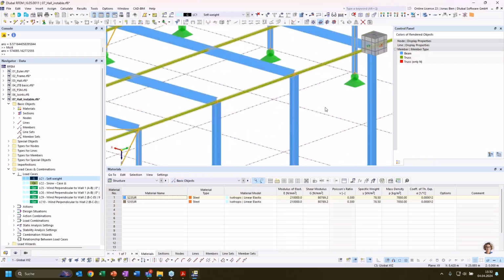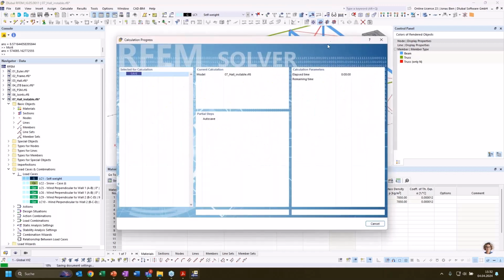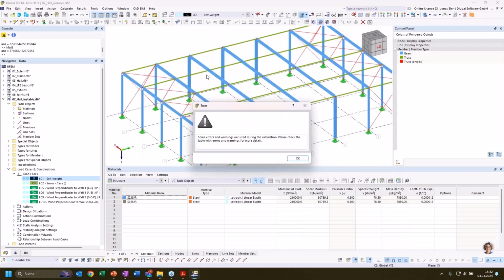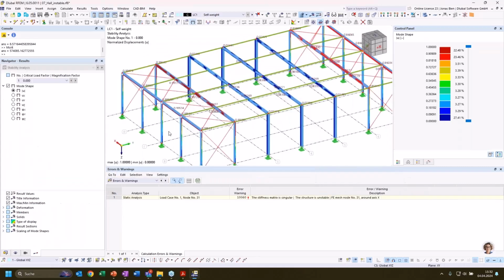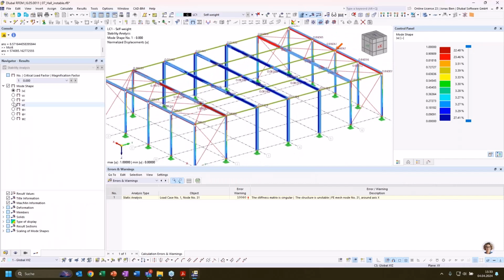So I just quickly resolve this issue and now try again to calculate load case number 1. Let's see if it works now. Again, I get an error message, and again I can try to get additional information with my structure stability analysis.